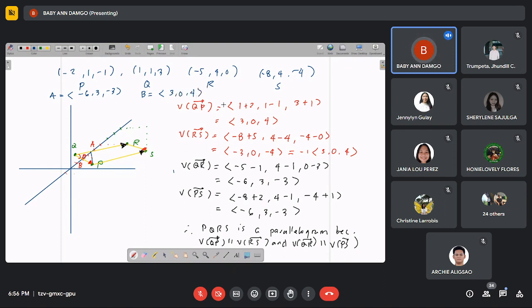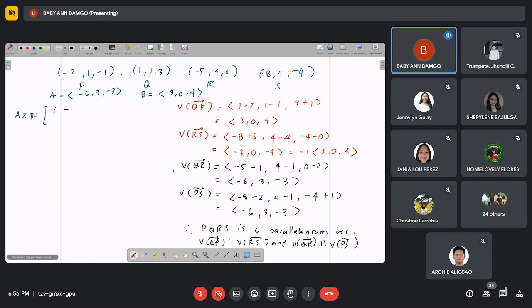So first, we need to solve A cross B. So this is I, J, K, negative 6, 3, negative 3, and then B is 3, 0, 4.